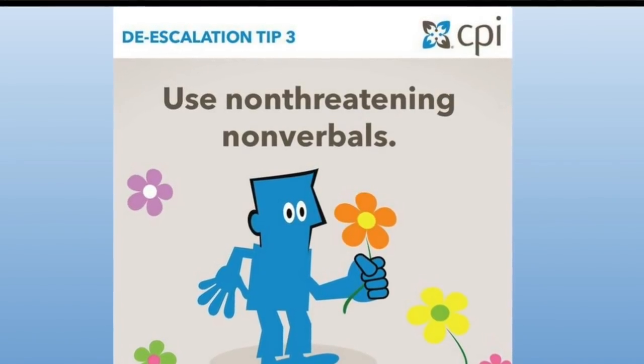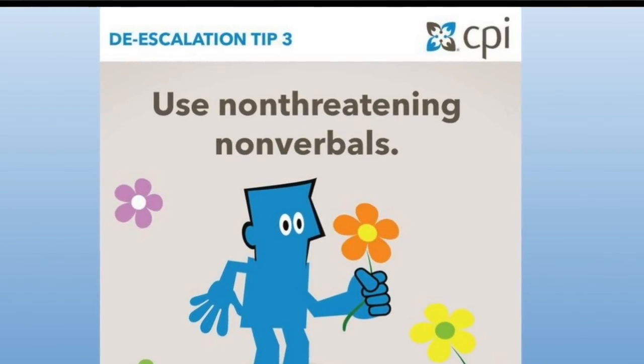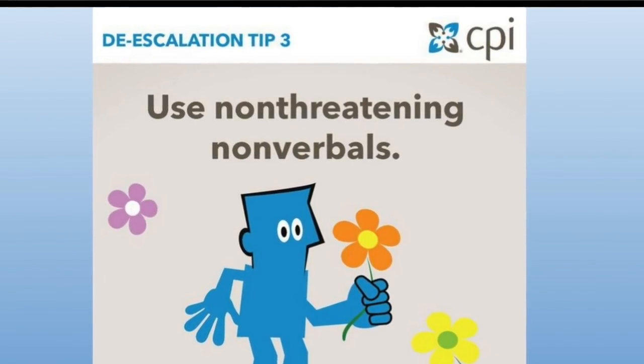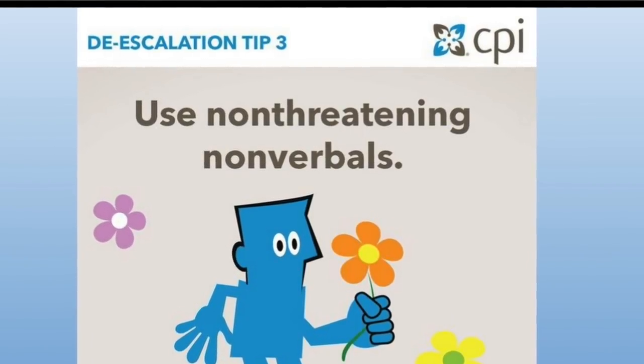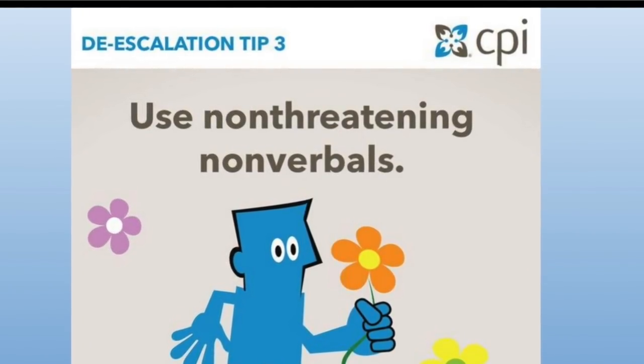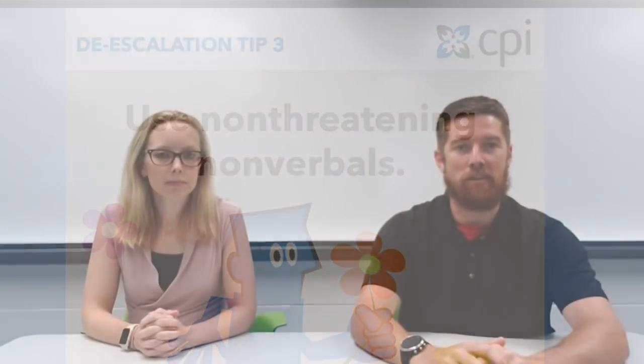And just the fact that we are an adult can come across as a threatening presence, especially if our students have gone through some significant traumas. Just the presence of an adult could be scary to those little guys. So using non-threatening nonverbals really comes down to your body language and what you're communicating with your body.